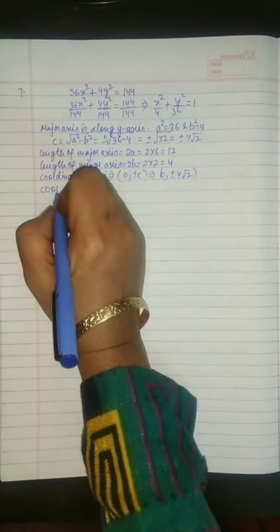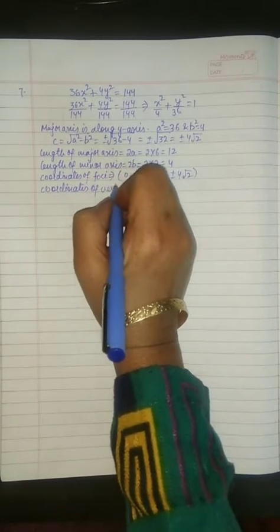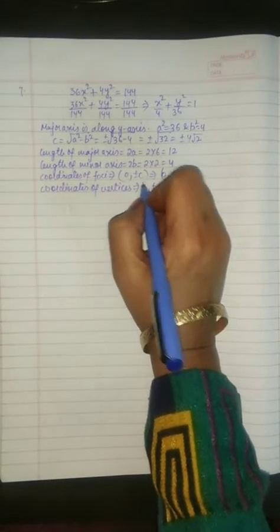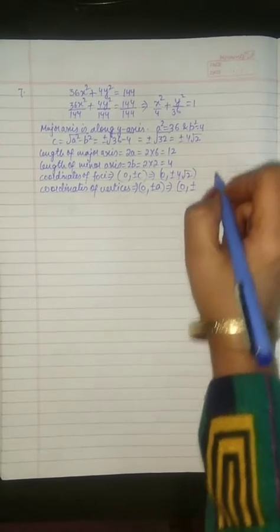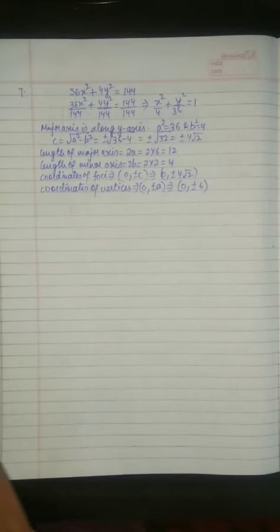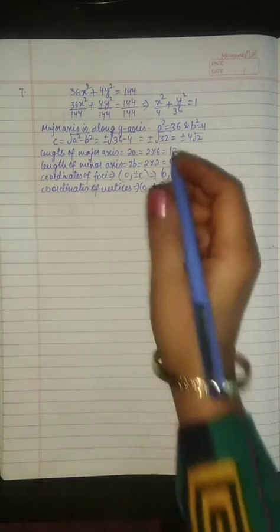Then the coordinates of vertices will be 0 plus minus a. The value of a is 6, so 0 and plus minus 6 will be the coordinates of vertices. Now we have to find the eccentricity.